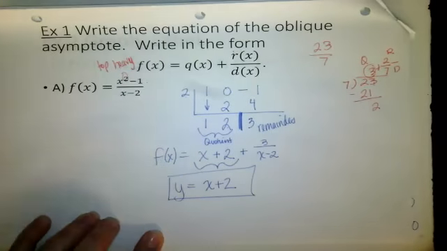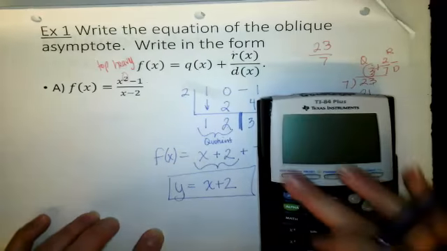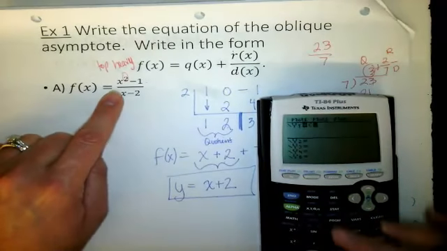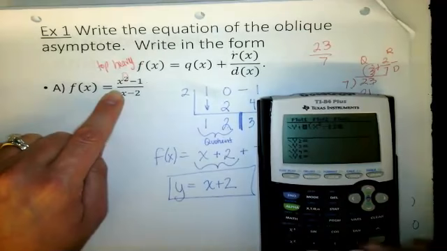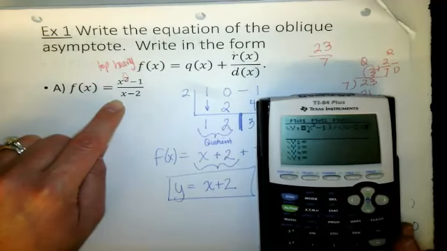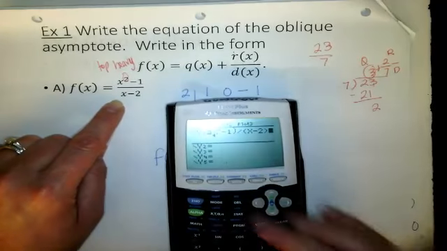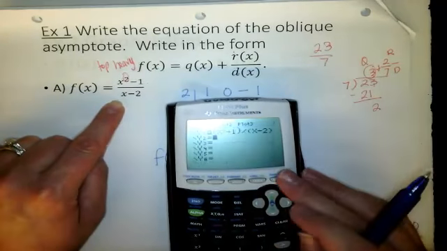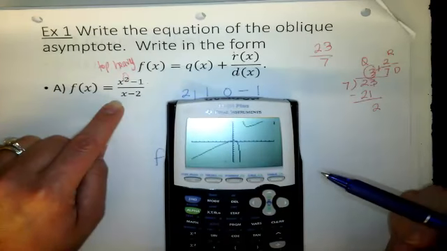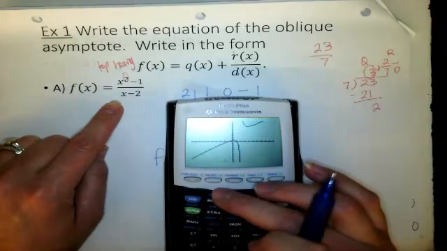I want to show you what that looks like. If I were to graph this, x squared minus 1 divided by x minus 2, notice all the sets of parentheses there. Lots of parentheses. And watch this. Craziness, yeah? Let me change my window just a little bit.